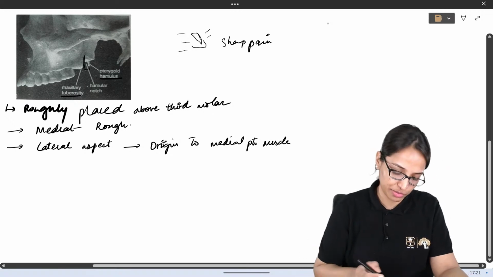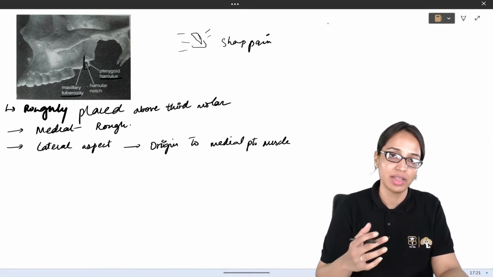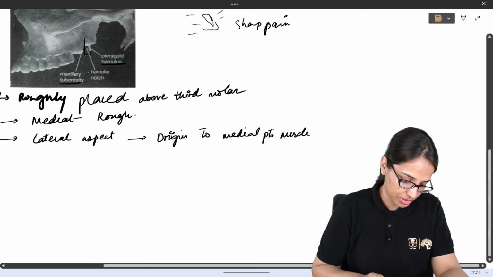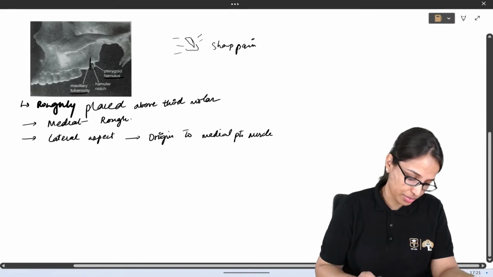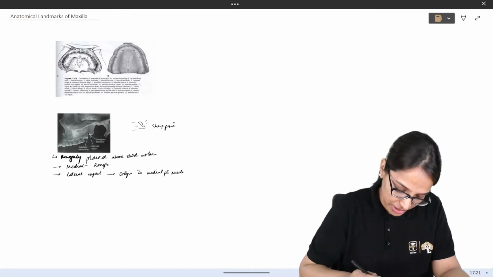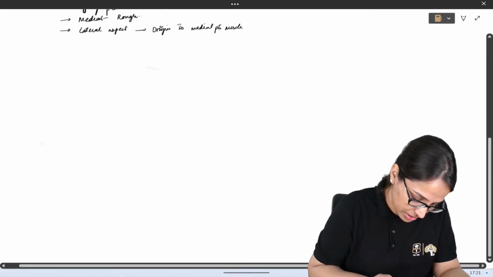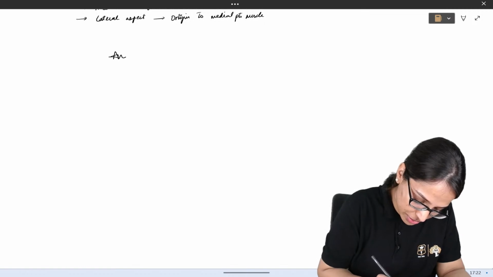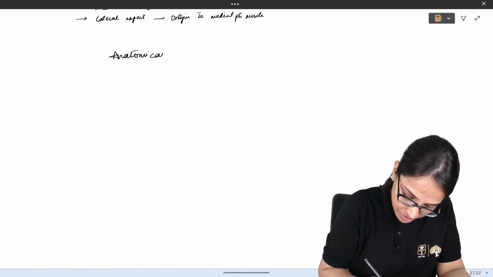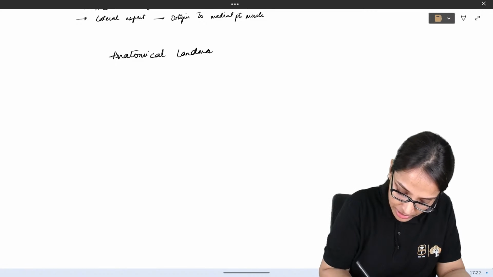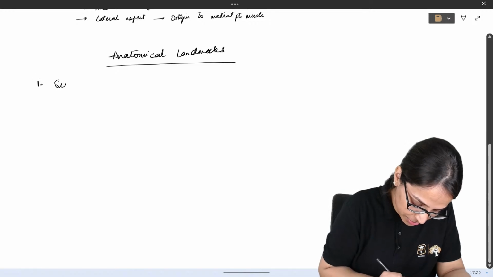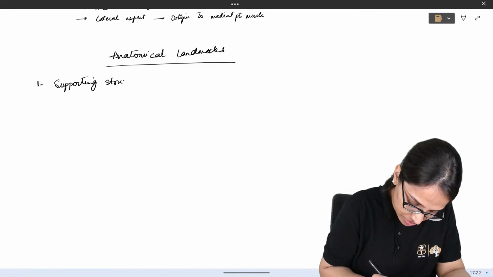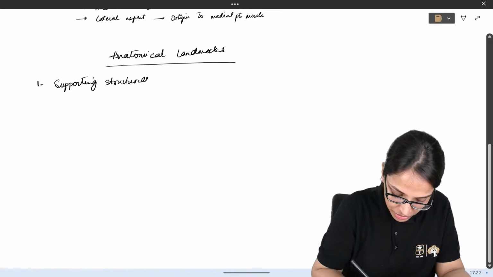There are four processes of the maxilla. Roughly, if you see, you have the frontal, alveolar process, zygomatic process, and your palatine process of the maxilla. That is about the gross anatomy of the maxilla. Now, if we need to divide the anatomical landmarks of the maxilla, like I previously said, we will first have our supporting structures.